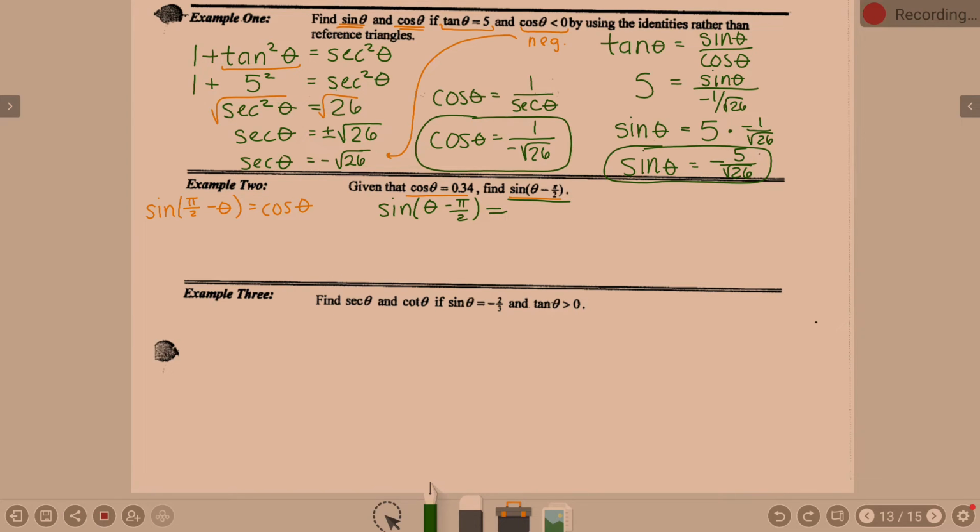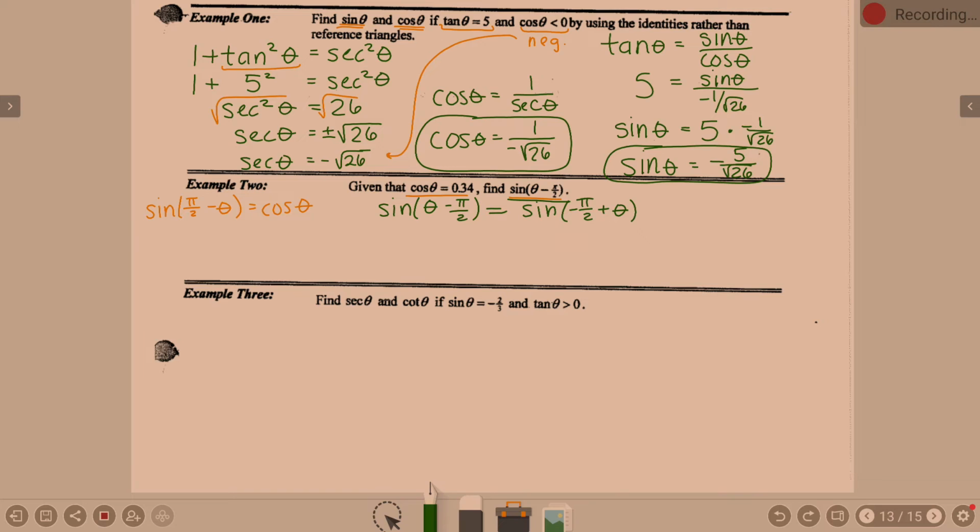But the problem is that theta and pi over 2 are in the wrong order with the wrong signs, yes? So I'm going to take a baby step. I'm going to flip my order. I'm going to say that this is sine of negative pi over 2 plus theta. Correct? Nothing fancy.